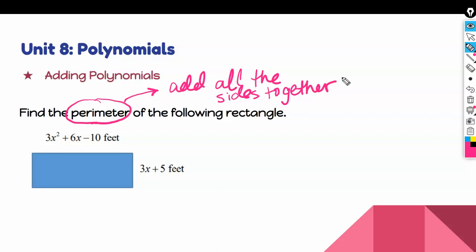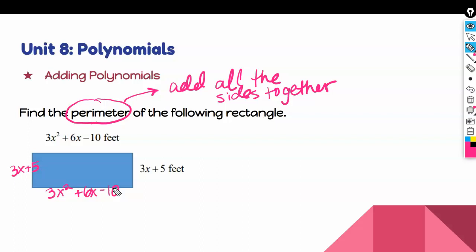If this side is 3x plus 5, that means that this side is also 3x plus 5. If this side is 3x squared plus 6x minus 10, that means that this side is also 3x squared plus 6x minus 10. To find the perimeter, I'm just going to add all of these together.